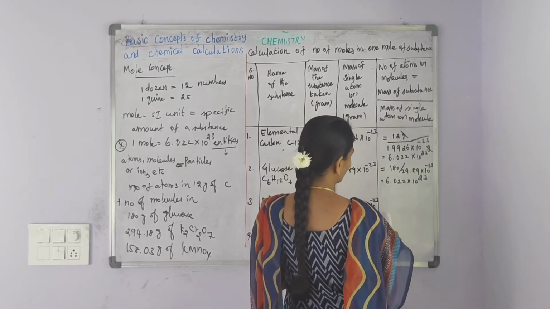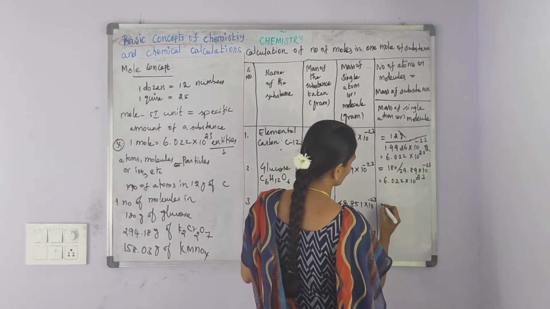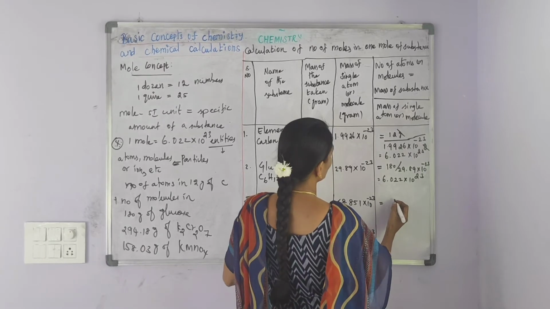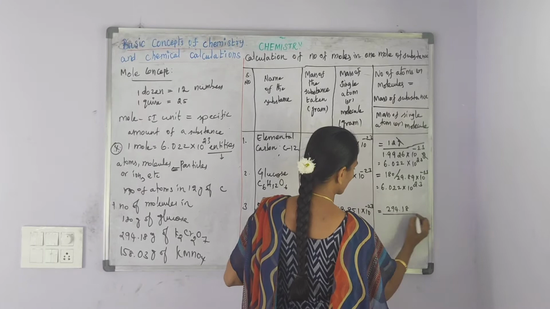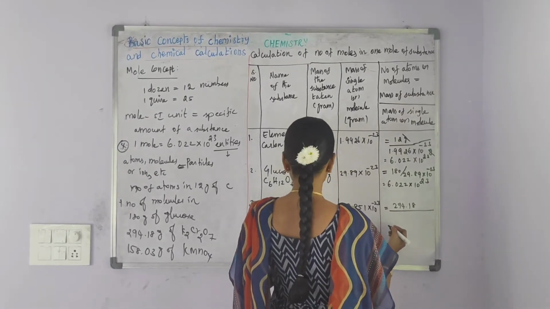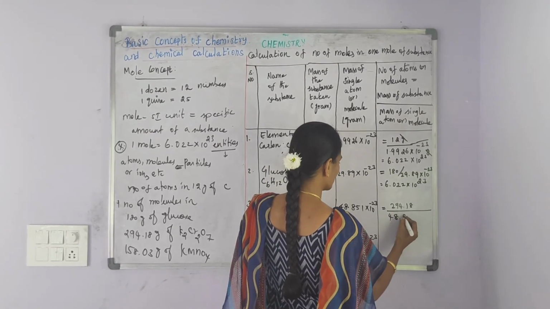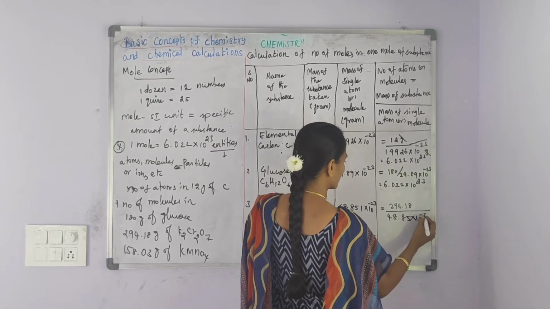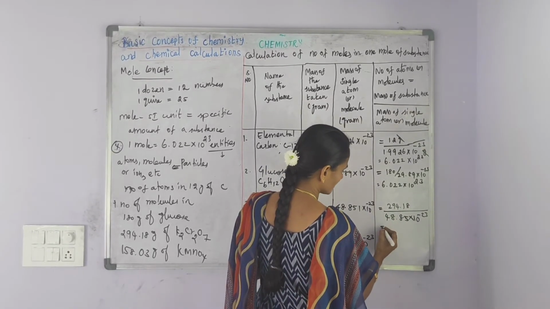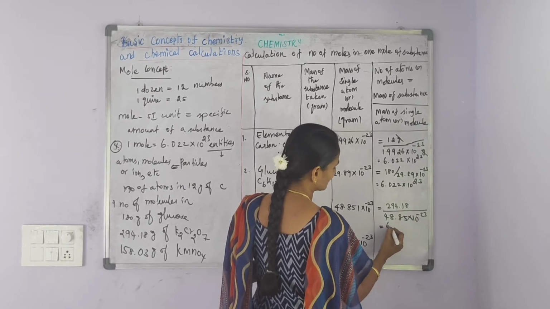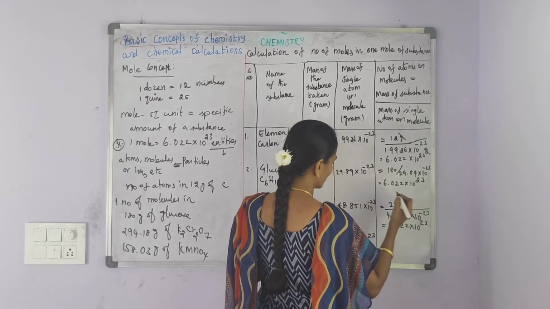Now we will calculate the number of molecules present in potassium dichromate: 294.18 divided by 48.85 into 10 power minus 23. By solving this mathematical expression, we get the answer 6.022 into 10 power 23.